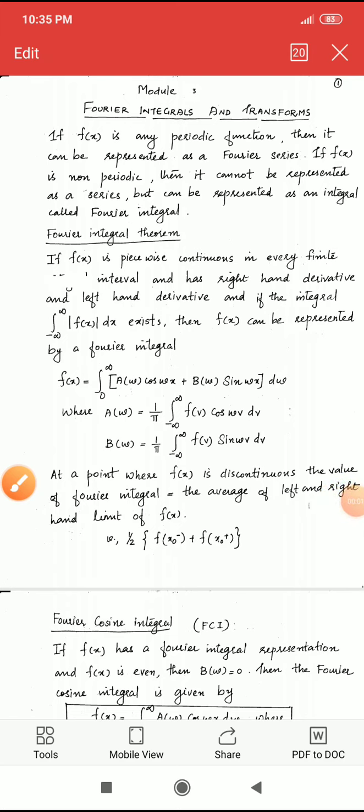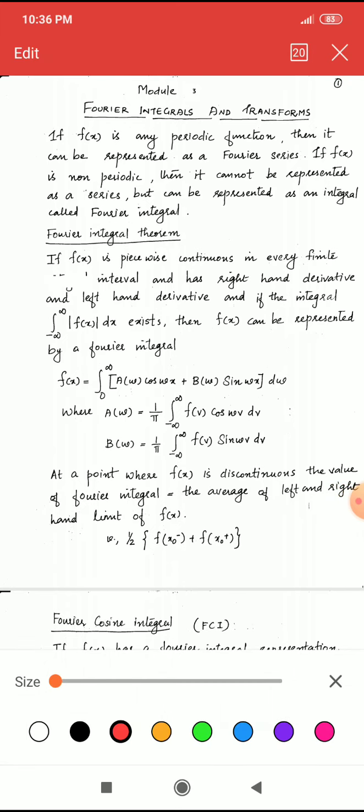Hi all, our next topic is Module 5 Fourier integrals and transforms. If f of x is any periodic function, then it can be represented as a Fourier series. We already studied that in first semester.